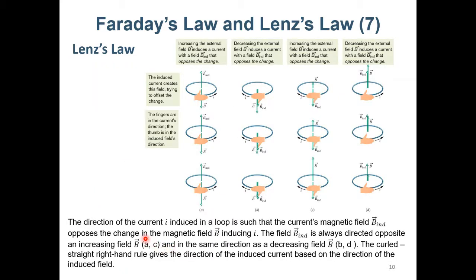So here we'll talk about the Lenz law. In increasing the external field B, B is the external field, and this external field will go through this loop, so that when you increase the external field, the magnetic flux going through this loop is increasing.